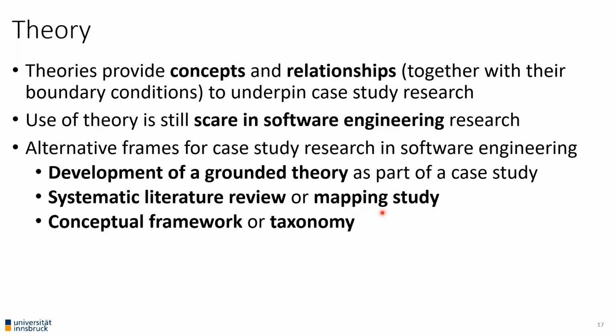I could have done an initial systematic literature review on risk-based testing or on the application of defect taxonomies, and this helps me sharpen the concepts before I come up with a new approach or figure out what the test process should be. And the third, which is somehow linked, is the use of a conceptual framework or taxonomy.